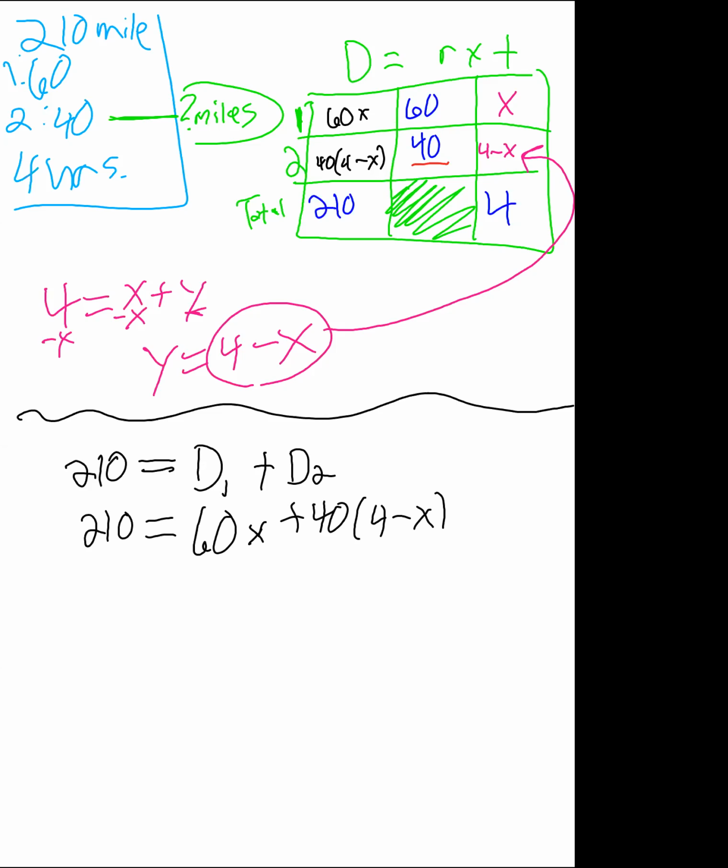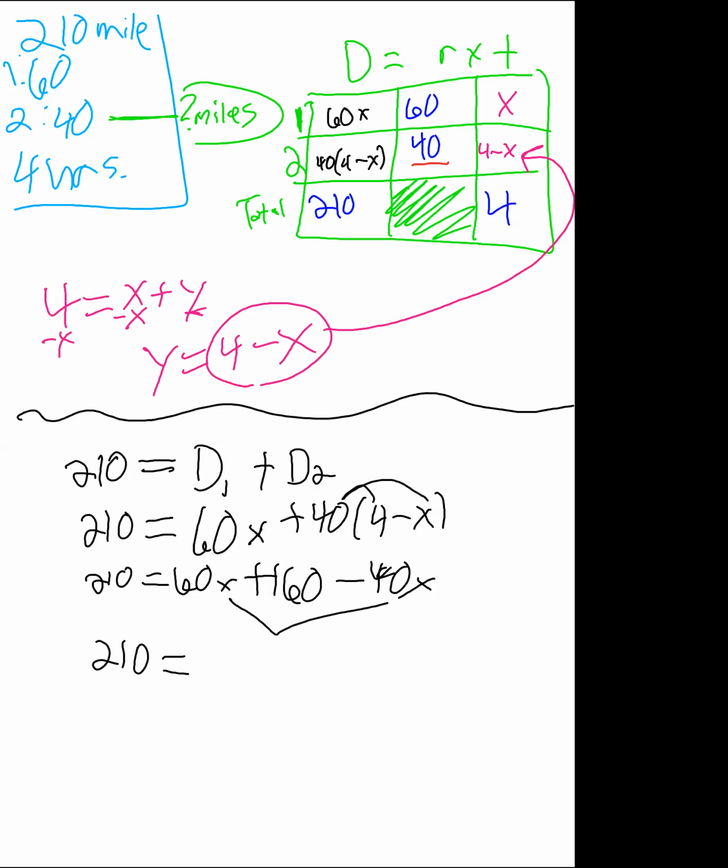Now we distribute the 40. Combine like terms. Move the 160 over.